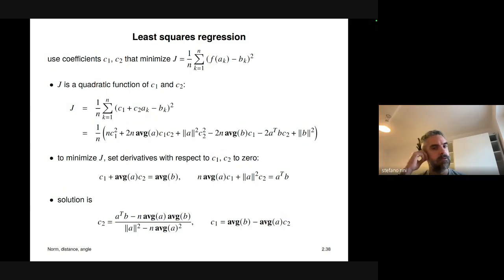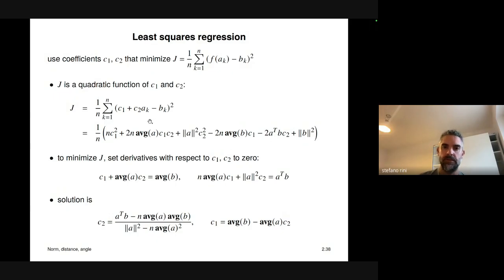Okay, so the idea is as follows: we expand this, so we will have the sum of (C1 + C2 A of k minus B of k) squared. Here everything goes nicely, right? We can expand the terms and then take the summation. So the C1 squared appears n times, the C2 squared appears n times, and so on and so forth.